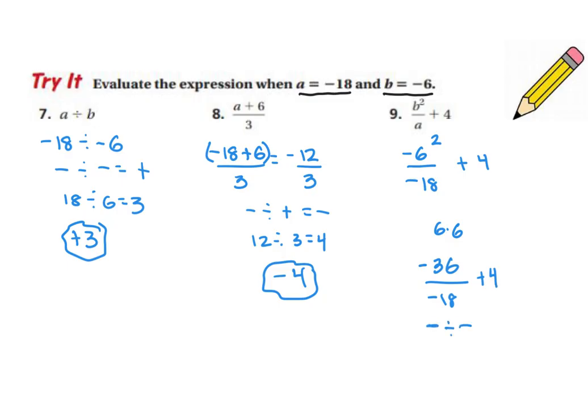A negative divided by a negative is a positive, and 36 divided by 18 is 2. So we have +2 plus 4 equals 6.